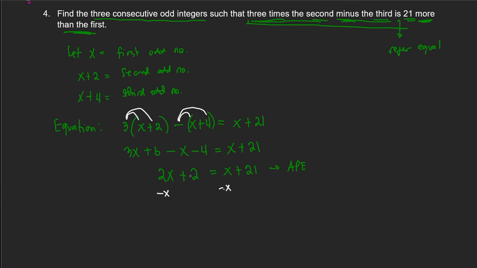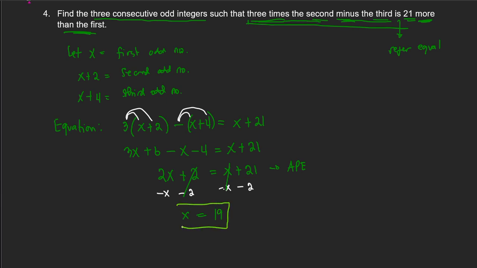Now, since we have positive 2 here, so we have to subtract negative 2. Here also is negative 2. Okay? So this one is cancelled out. This one is cancelled out. Then 2x minus x, that will be x, of course. Then 21 minus 2, that is equal to 19.